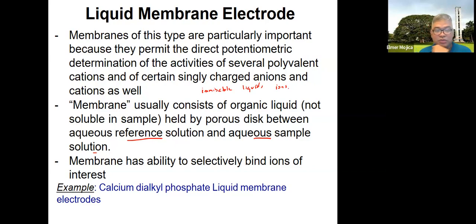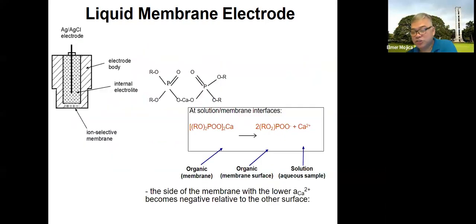The example we have here of the liquid membrane electrode is the calcium dialkyl phosphate. If we look at this calcium dialkyl phosphate, this is your calcium, and you have a diphosphate within it. So at the solution and membrane interfaces, this is what happens.